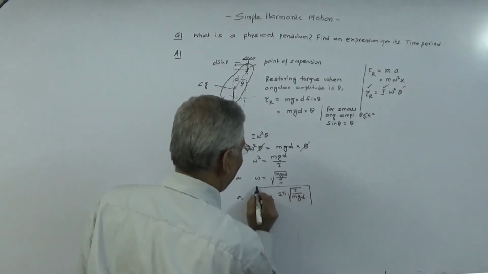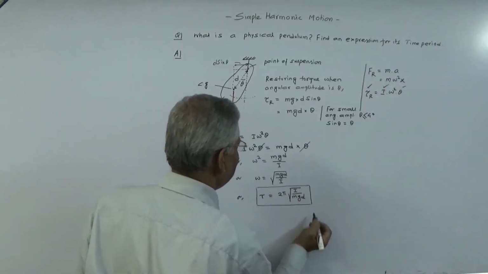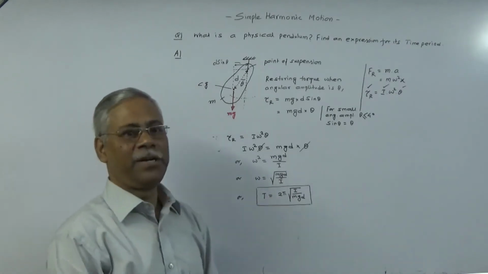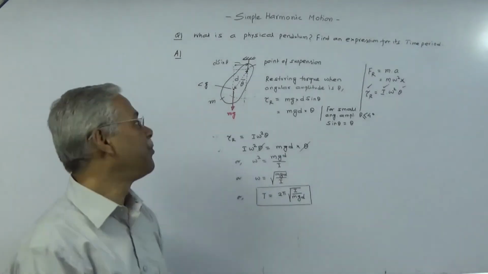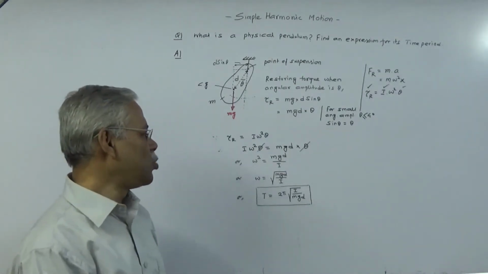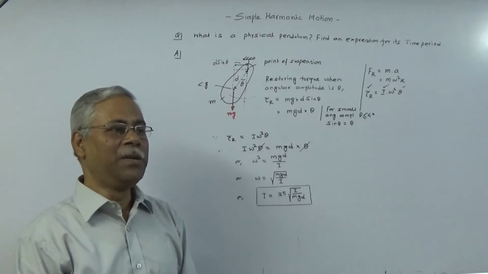Important formula, very important formula. The time period of oscillation of a physical pendulum is 2 pi root over I by mg d.